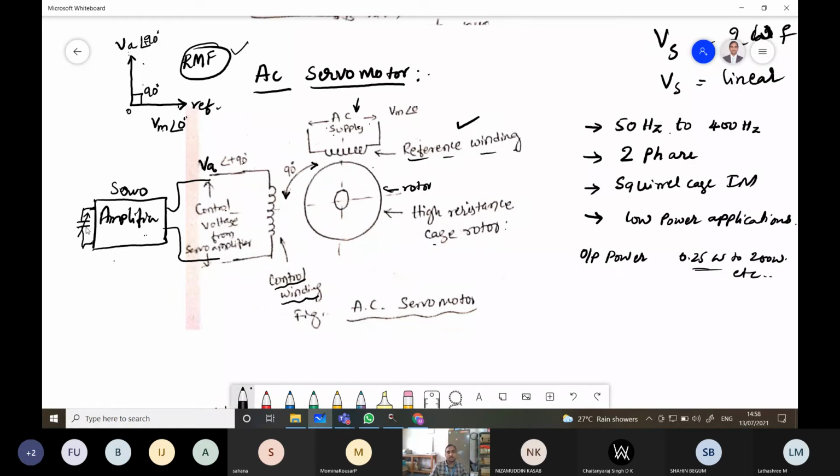By tuning this capacitor, we can reduce the extra loading on the amplifier circuit.